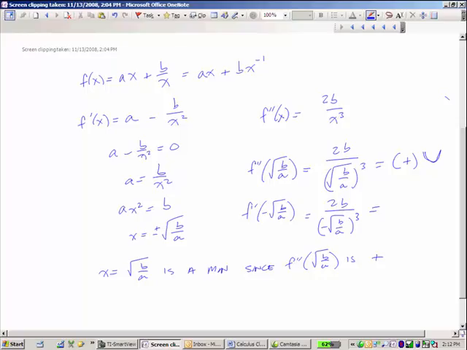If we take a negative number and cube it, you get a negative, because negative times a negative, right? Cubing it, you're going to get a negative. So it's positive divided by negative. We're going to get a negative, which means the function there is concave down. So x equals negative root b over a is a max, since the second derivative is negative.